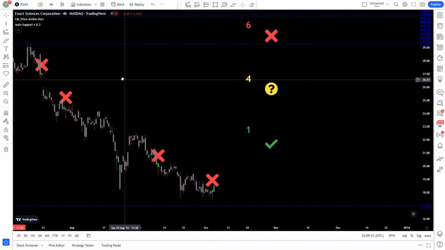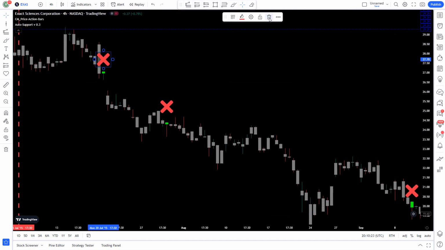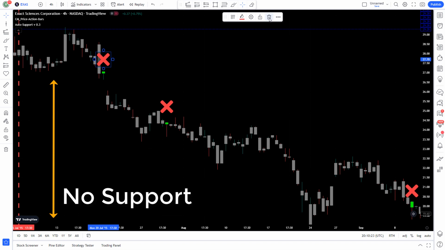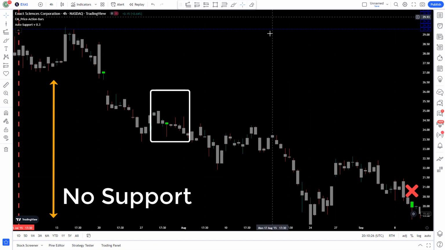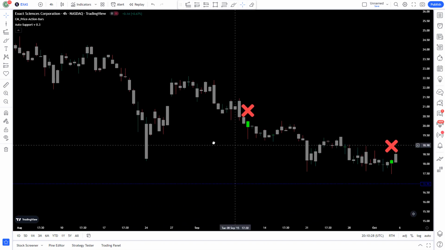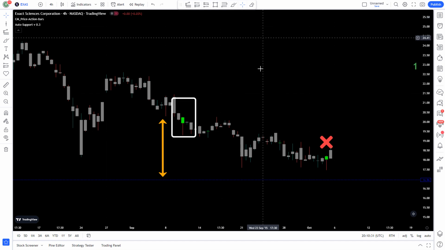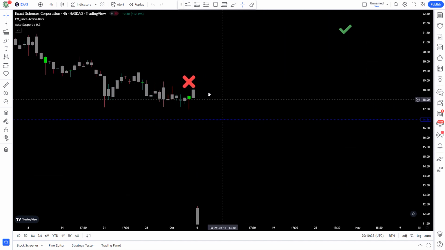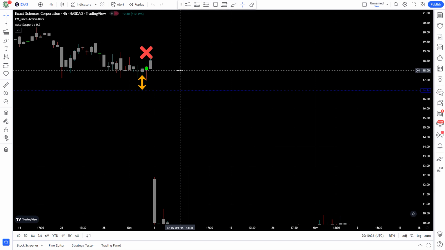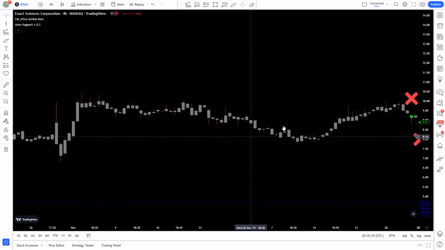Since we're going long, we only want to take a signal if there's support close to the bottom of the candle. First losing trade we would have avoided because there's no support nearby. Same with the second and the third. Support and resistance isn't an exact science. We still would have taken this 4th trade and lost.